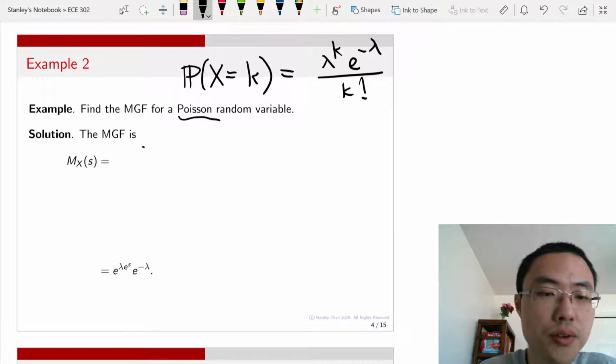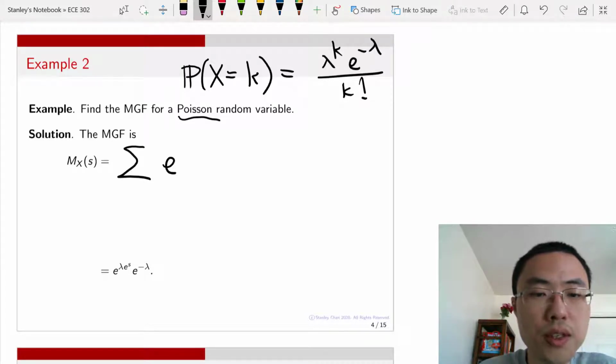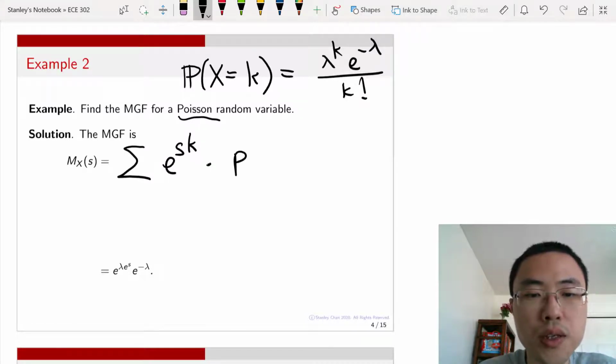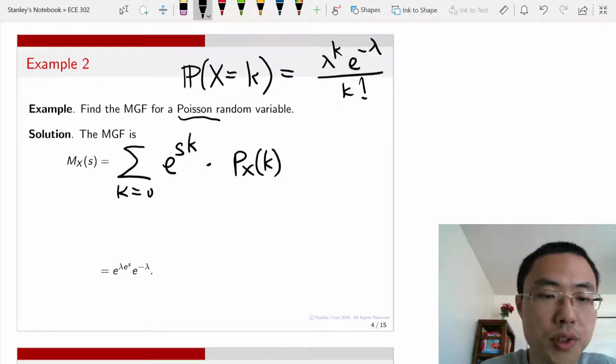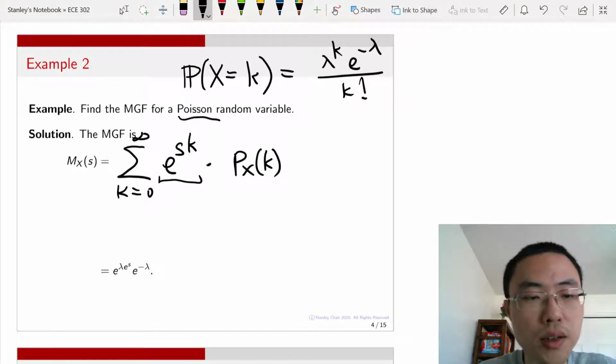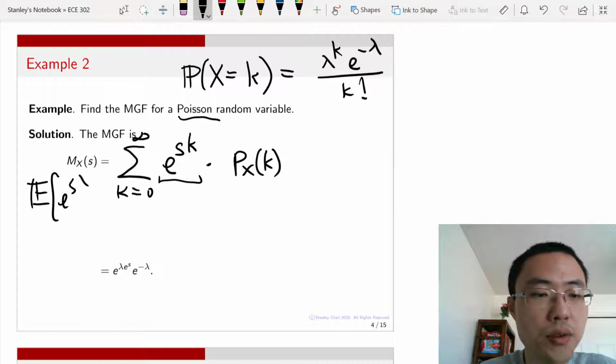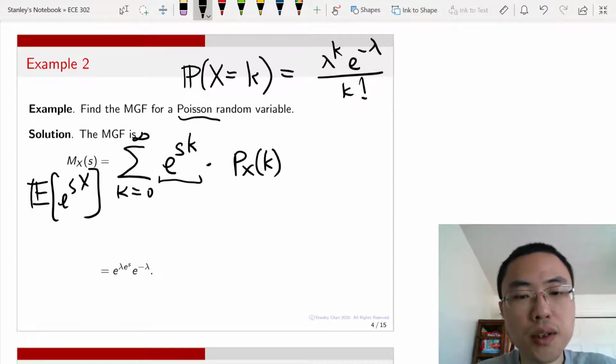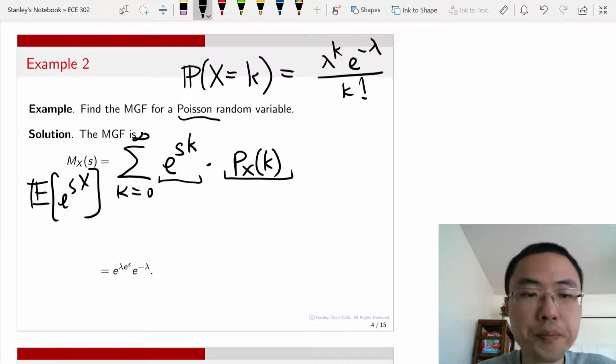The moment generating function is the summation of e to the power s times k, times your p_X of k, where k will go from 0 to infinity. This e to the power sk comes from the fact that you are looking at this expectation, and then this is the PMF.